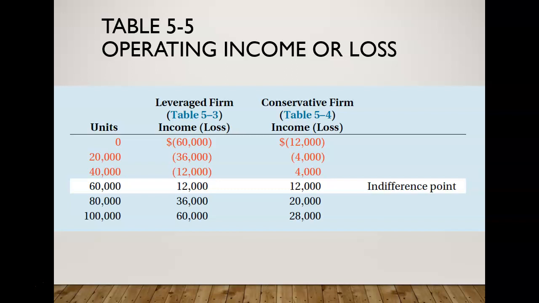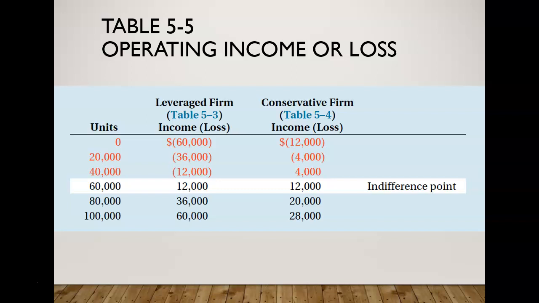Sorry, I should say at 50,000 units the highly leveraged firm would actually be breaking even. And now at 60,000 units, both of them would be making the same amount of profit. So this point would be considered an indifference point, where if you are able to operate at this number of units, there would be no difference between the highly leveraged firm versus the more conservative firm.